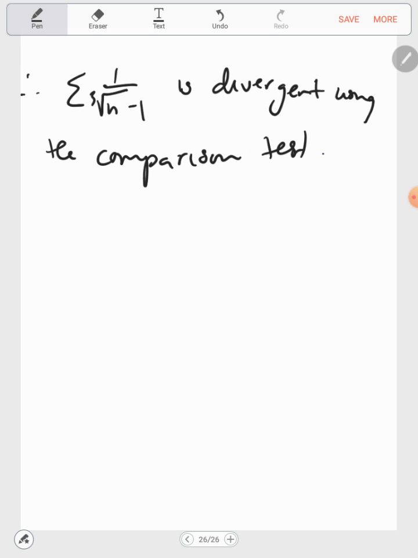Okay, so that is how we use the comparison test. There are some examples that we can follow.